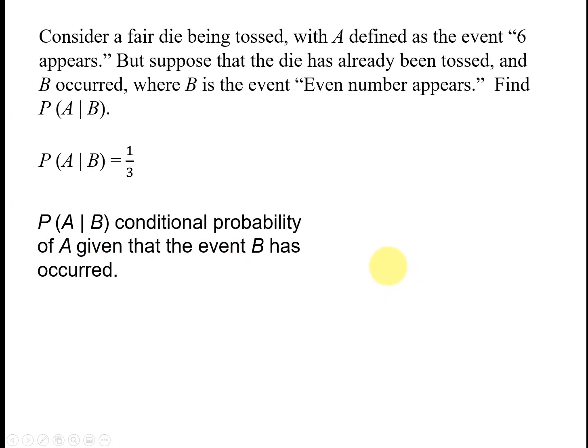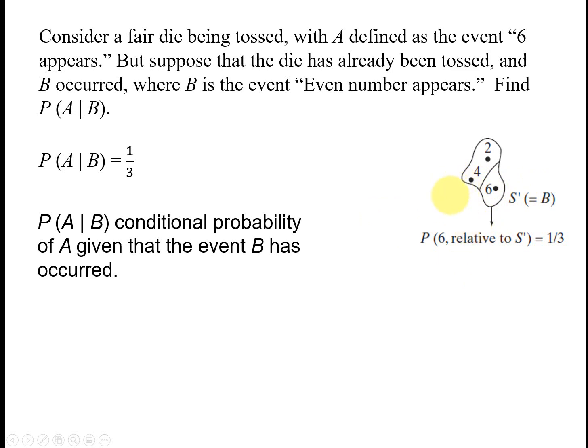So consider a fair die being tossed, with A defined as the event 6 appears, but suppose that the die has already been tossed and B occurred, where B is the event an even number appears. Find the probability of A given B. So we can look at the set 2, 4, and 6, those are the even numbers.